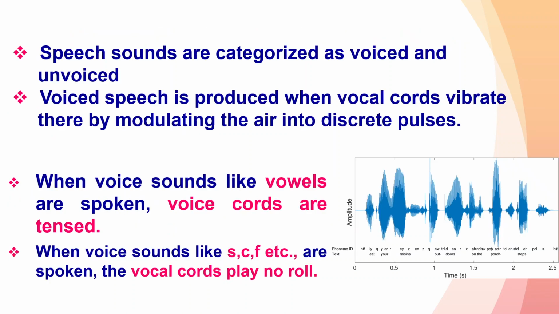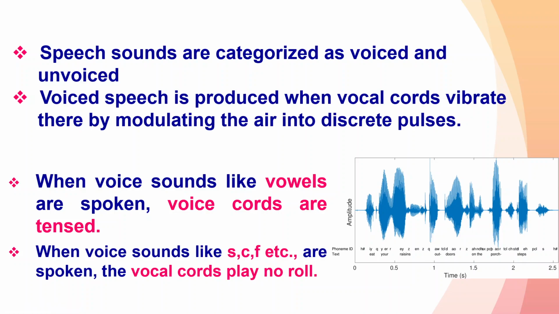Next, speech sounds are categorized as voiced and unvoiced. This slide is showing a waveform. Here there is no signal, which means it is unvoiced. This gap is carrying no amplitude and it is unvoiced, there is no sound.